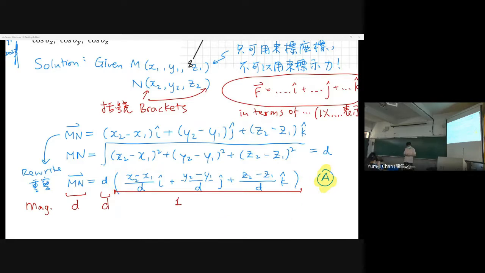So this is a unit vector in the direction of MN.